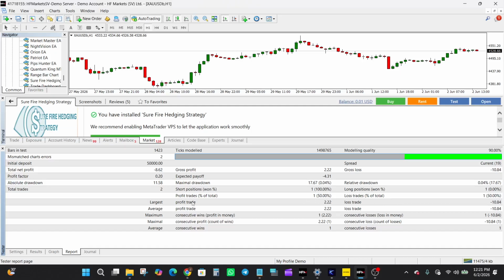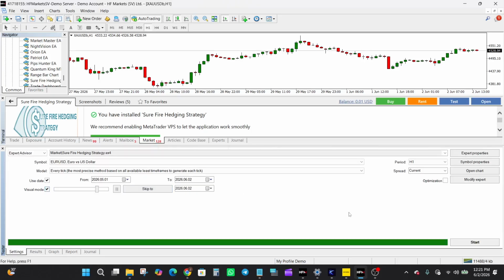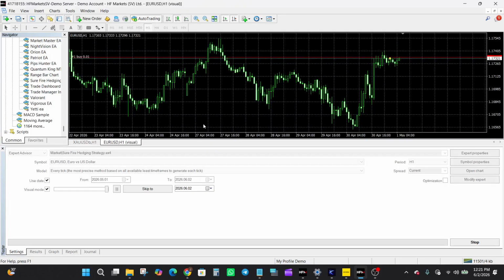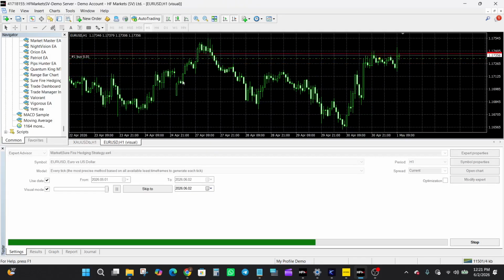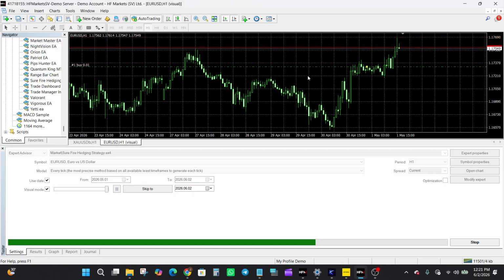Okay, but let's just also turn on the visual mode and just see the EA in action for a moment. All right, let's see how the EA works. Okay, we can see that this is how the EA looks like in action.